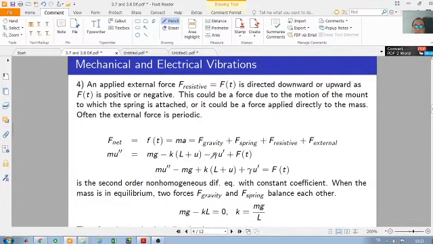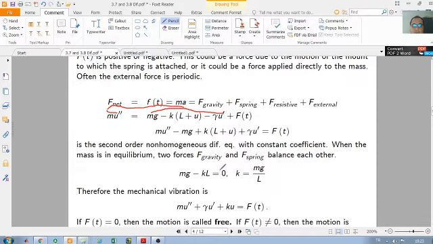And the resistive force is minus gamma times the first derivative, and then the external force. Writing them to the left hand side except the external force, we find m times the second derivative of u minus m times g plus k times L plus u plus gamma times u prime is equal to the external force.